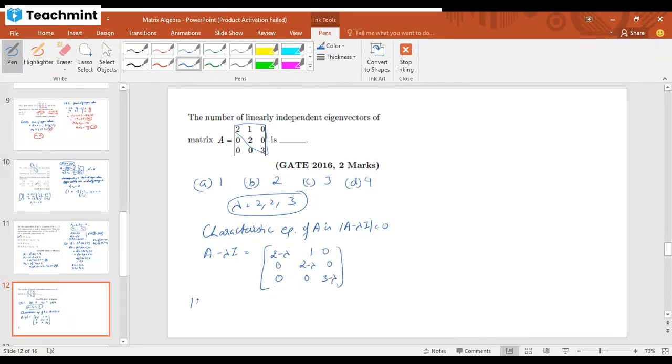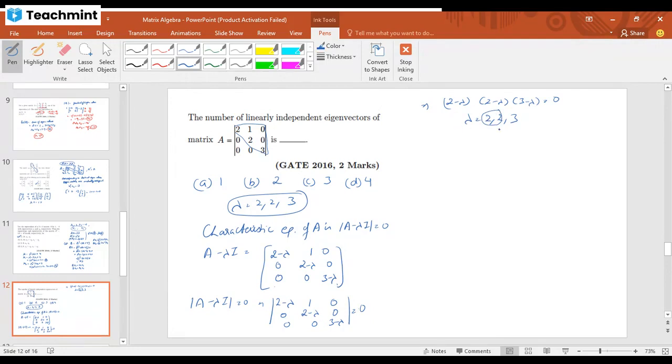If we calculate its determinant and equate it to 0, and expand through the first column, we get 2 minus lambda into 2 minus lambda into 3 minus lambda equal to 0. So you can see here lambda is 2, 2 and 3. Now you can see 2 is repeated 2 times.